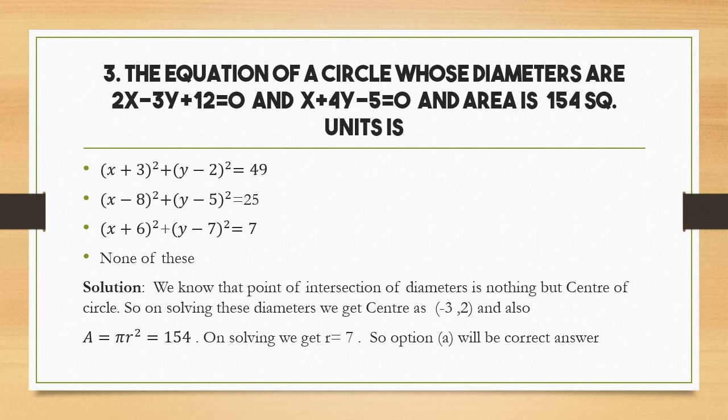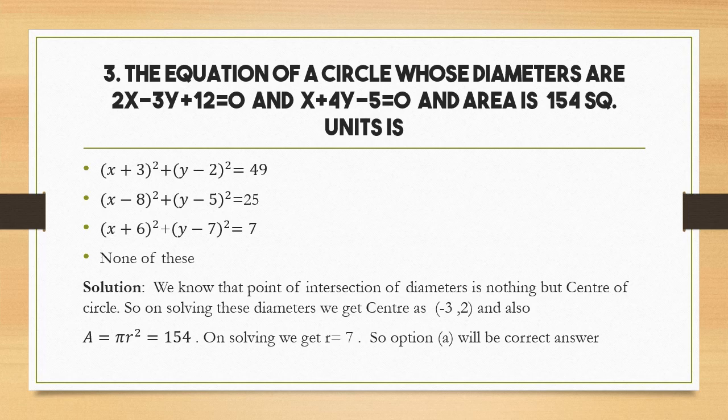See, if you go back to our basic foundation, we all know that diameter is nothing but 2 times the radius. And we all know that the point of intersection of diameters is always the center of a circle. So what we will do in this question is solve these two diameters, 2x minus 3y plus 12 equal to 0 and x plus 4y minus 5 equal to 0.